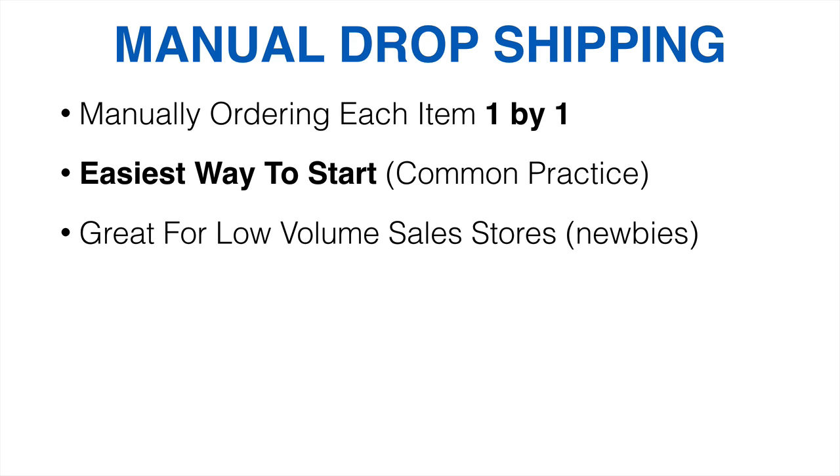And one of the big pros to this is that you are not limited. Anything you want on AliExpress or any other website for that matter that you want to sell, you can sell it. All you have to do is put the image on your website, take the orders, and then come back after the fact, after you've been paid, and actually place those orders for the customers with your credit card and their shipping address.